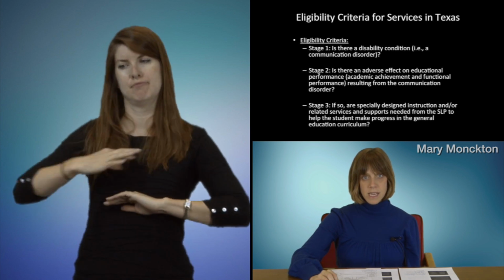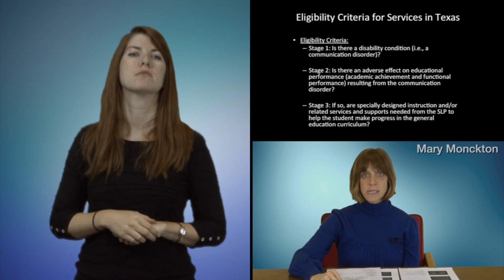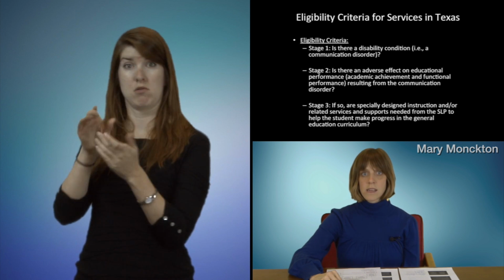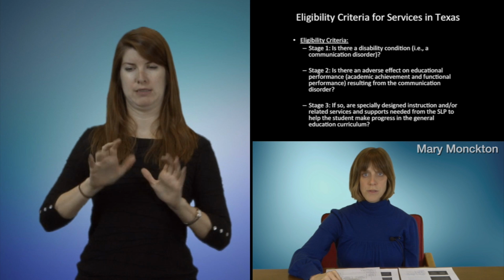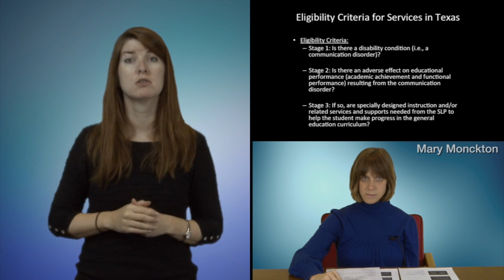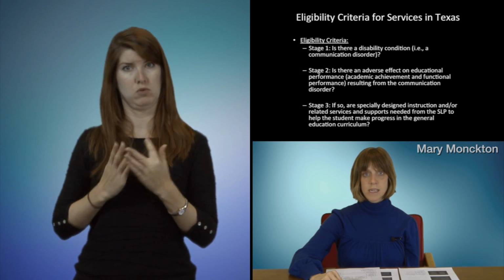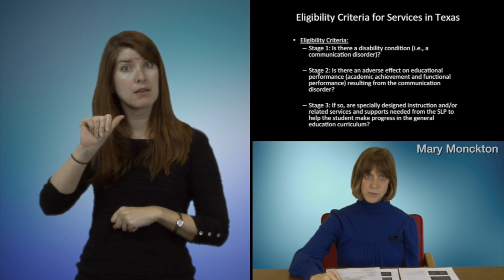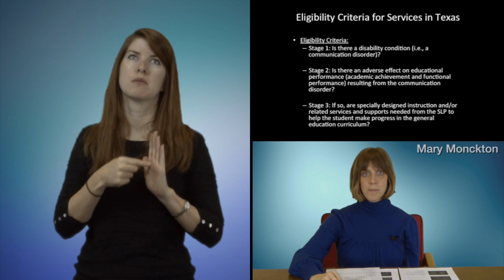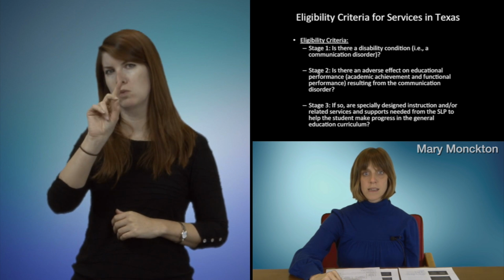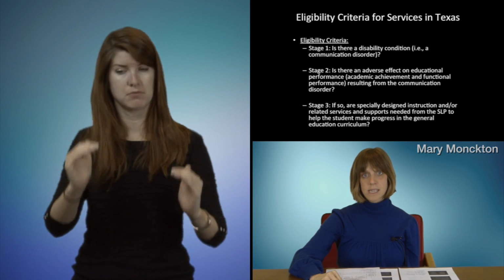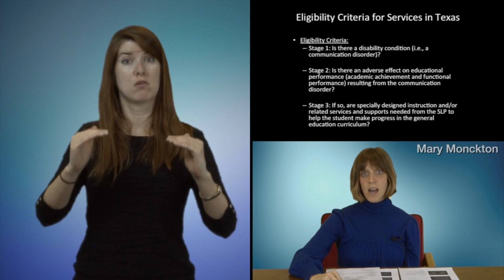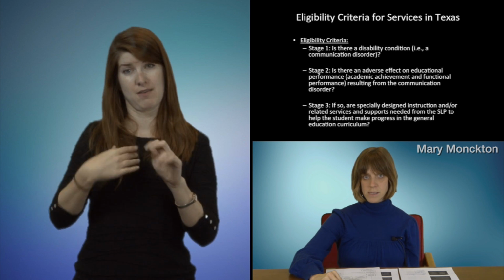More specifically, here in Texas, it is a 3-tiered eligibility process. The first thing to determine through a speech and language evaluation is, is there a disability condition present? For example, a communication disorder. The second part of eligibility criteria is that you need to assess, is there an adverse effect on the child's educational performance?